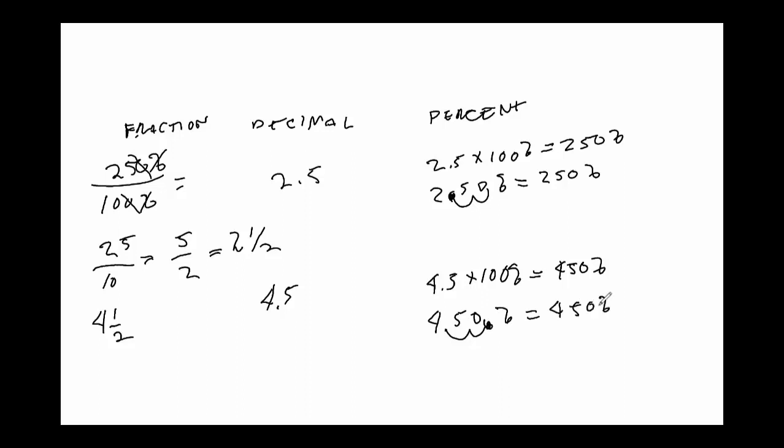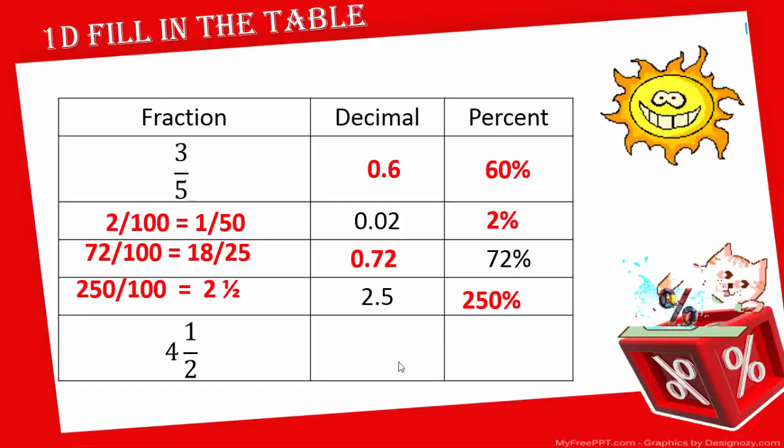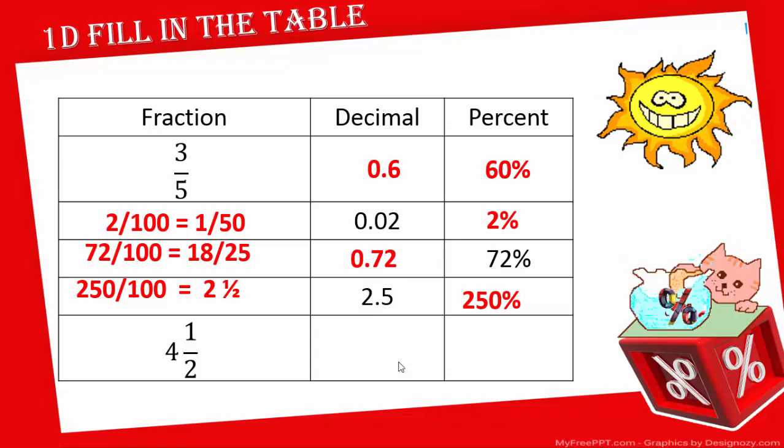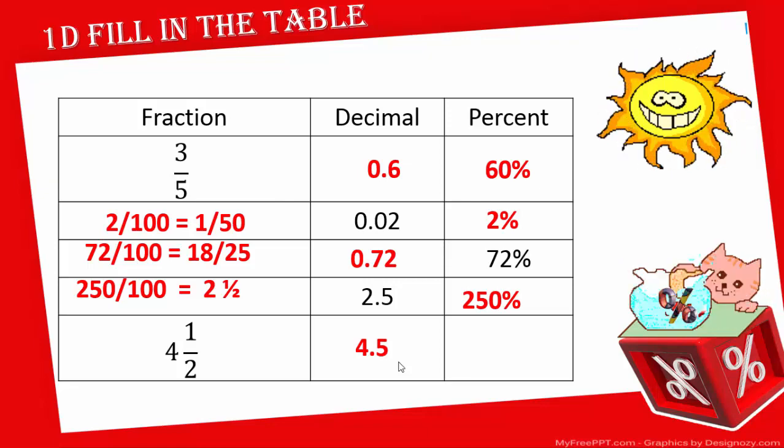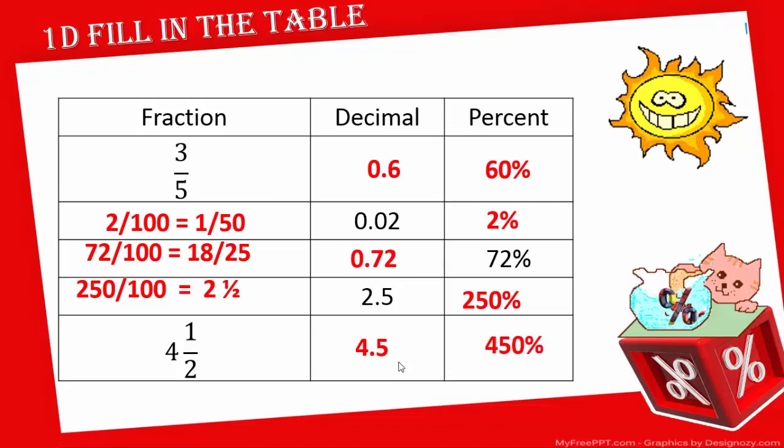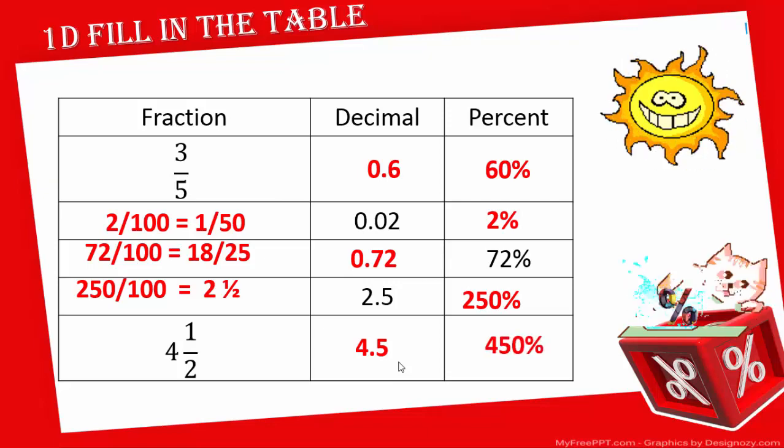So now we're ready to fill in the final line of our table. As we did on the whiteboard, we put 4.5 in the decimal column, and then we put 450% in the percent column.